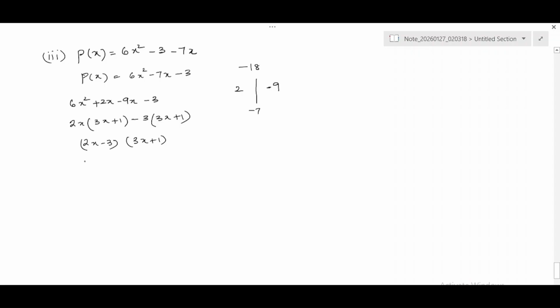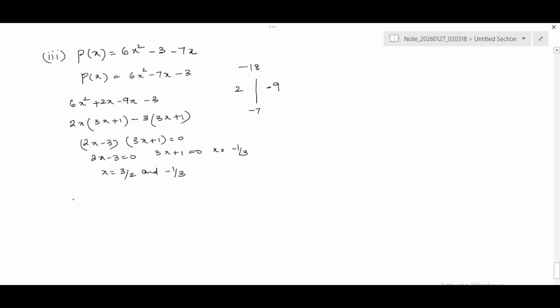So 2x minus 3 is equal to 0, 3x plus 1 is equal to 0. X is equal to 3 by 2. And it is minus 1 by 3. When we take it on the other side, it will become x is equal to minus 1 by 3.